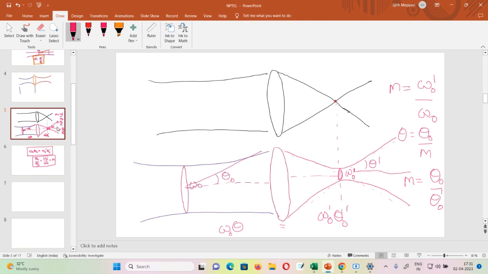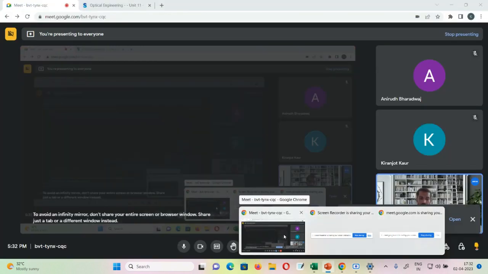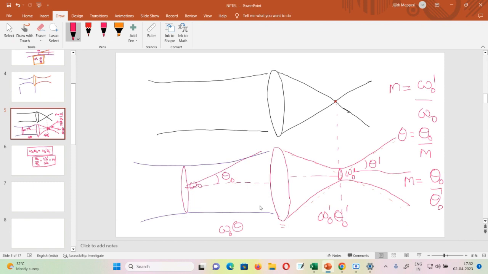But in the case of a Gaussian beam, it is not a point, it is a disk having a certain width or diameter or size. This is the important thing you have to see when we are looking at imaging and other things. Okay, now we can go to our third question.